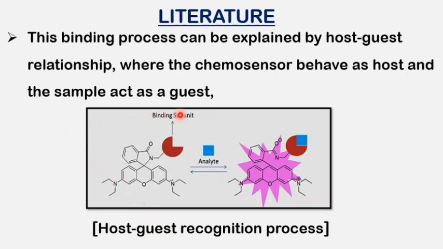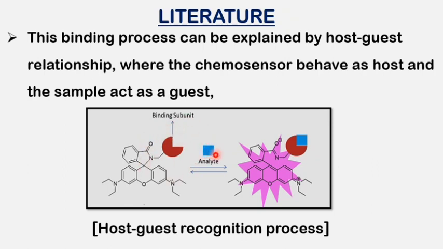This is the host-guest relationship between the chemosensor and the metal ion. Here the chemosensor behaves as the host and the sample acts as the guest. This is a rhodamine-based chemosensor, and this is a sample in which the metal ion is present, and this is the binding site of the chemosensor.